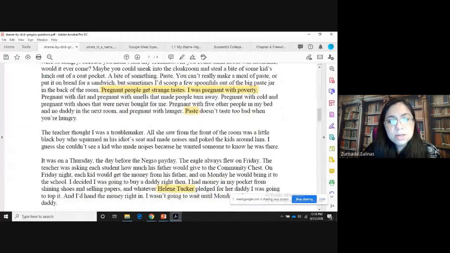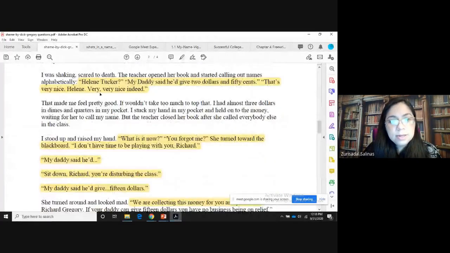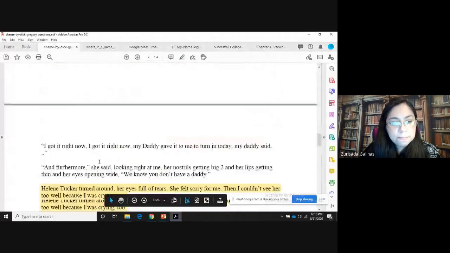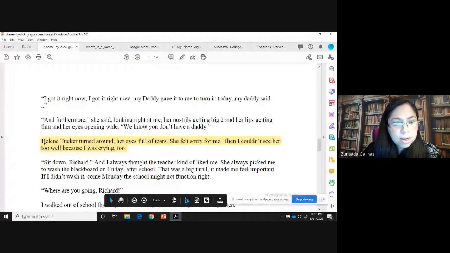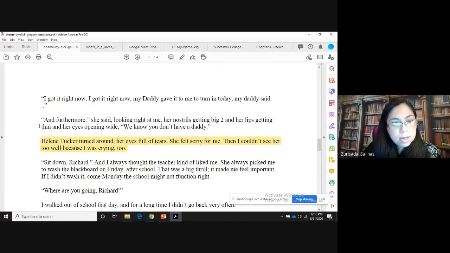Now, something interesting happens. After he has that interchange with her, we scroll down. Helen Tucker turned around right after he was humiliated. If you read on, you see that the teacher humiliated him and said, "We know you don't have a daddy," right? And Helen Tucker turned around, her eyes full of tears. "She felt sorry for me.